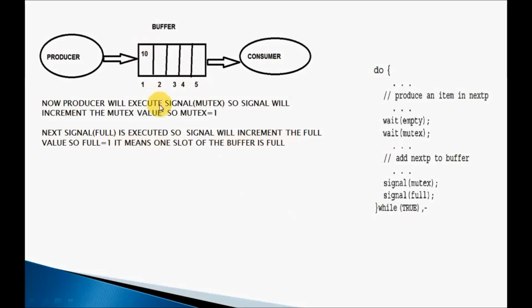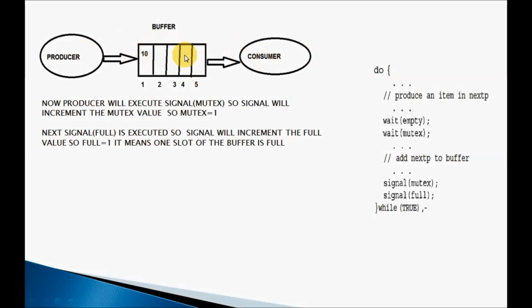Full is now 1, changed from 0 to 1. That means one slot of the buffer is used. Full being 5 would mean all 5 slots are used, but here it is 1, so only one slot is used. So, understood? The producer can now come out of the critical section.